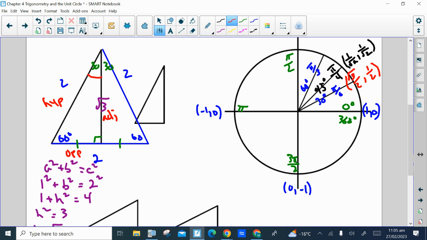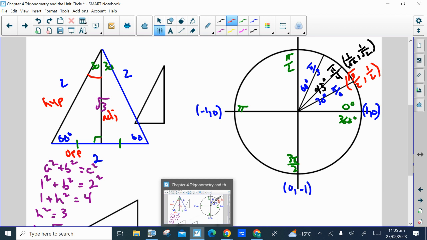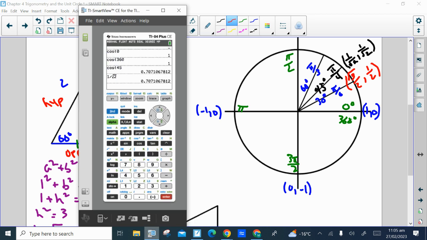The exact value of the cosine of 30 degrees is root 3 over 2. If you take the cosine of 30 on your calculator, it gives it as a decimal. It's a non-repeating, non-terminating decimal. It's an irrational number, 0.8660, and it just keeps going on forever. But now we see where that number comes from. As an exact value, that is root 3 divided by 2.